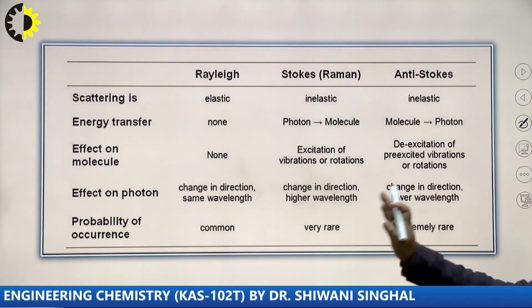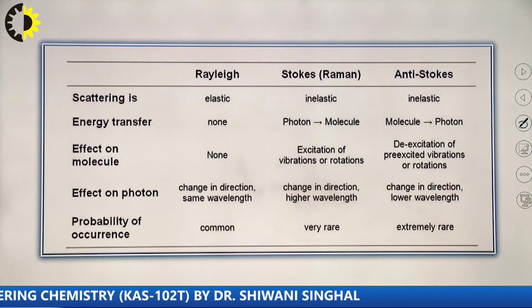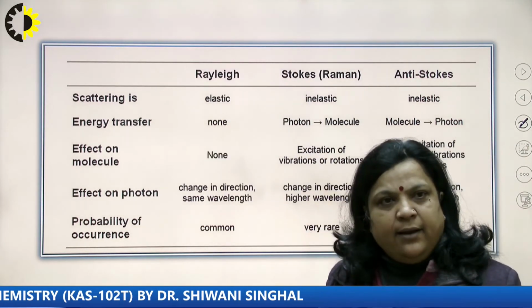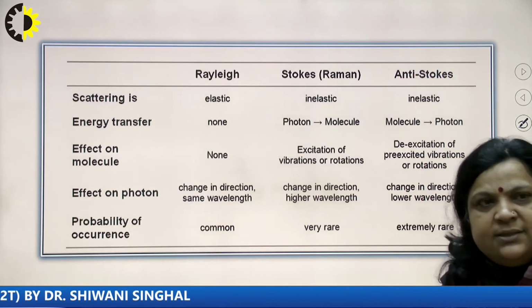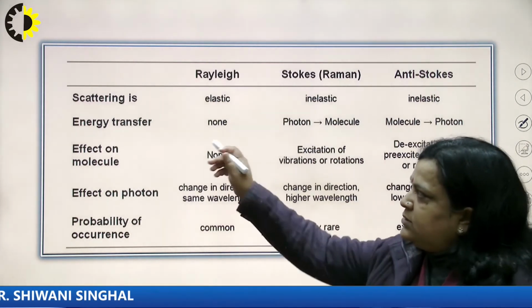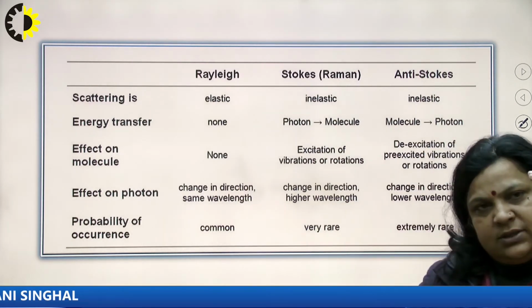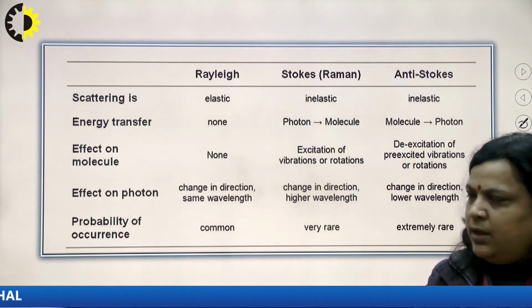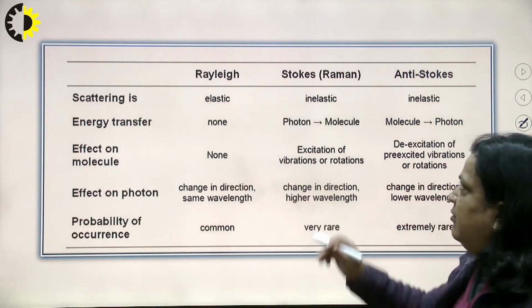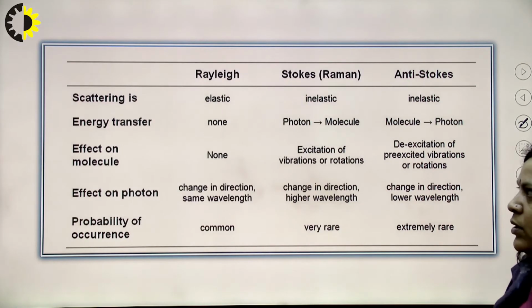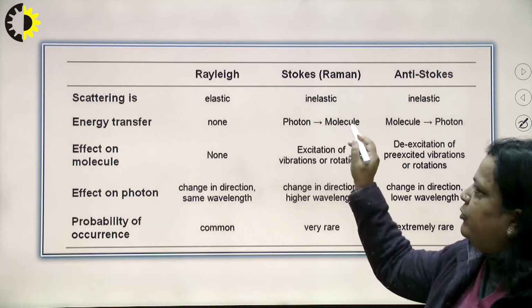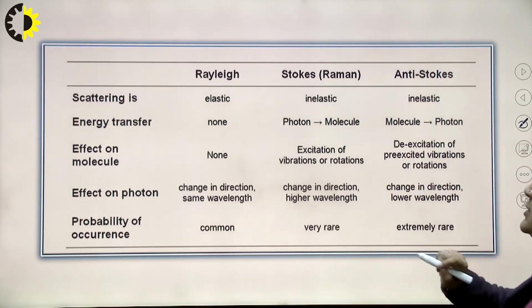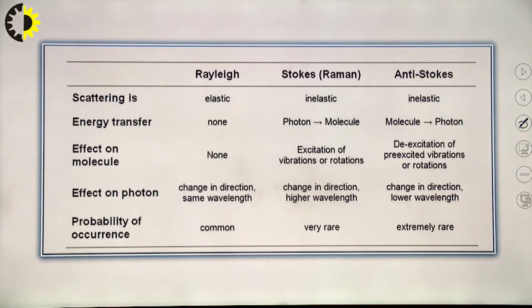If we compare the Rayleigh, Stokes and anti-Stokes lines, the first point is scattering. We know that in Rayleigh it is elastic, while in Stokes and anti-Stokes it is inelastic. Second, energy transfer: because the energy after scattering remains the same, it is none, while in Stokes, since the energy decreased, energy is transferred from photon to molecule, while in anti-Stokes lines, from molecule to photon.